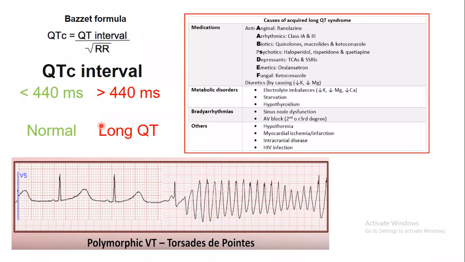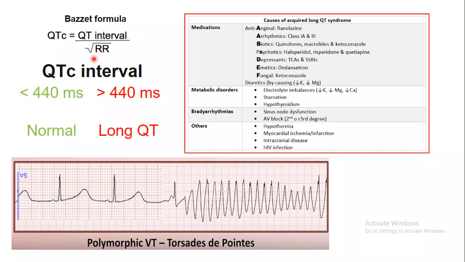For a more accurate calculation of the QT interval, we use the corrected QT interval from the Bazett formula, especially if we have an extreme heart rate, very slow or very rapid, because the QT interval is also affected by the RR interval.